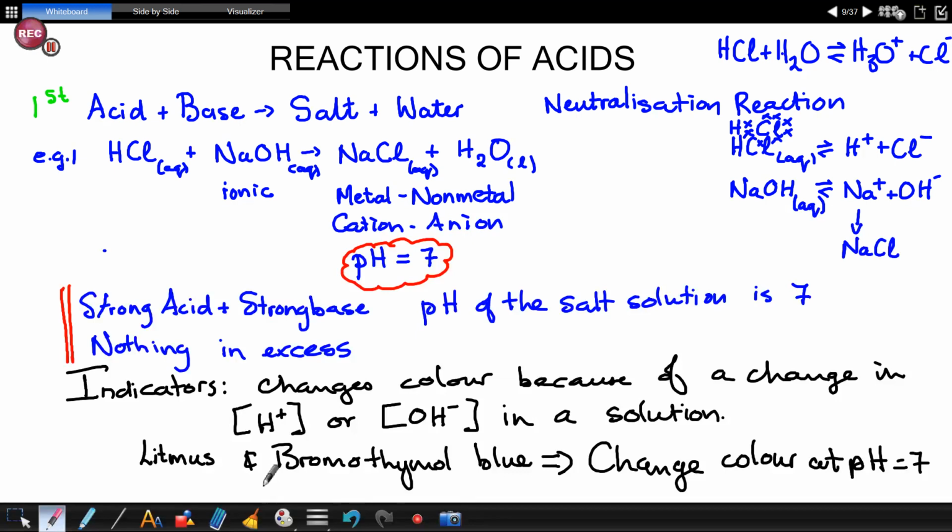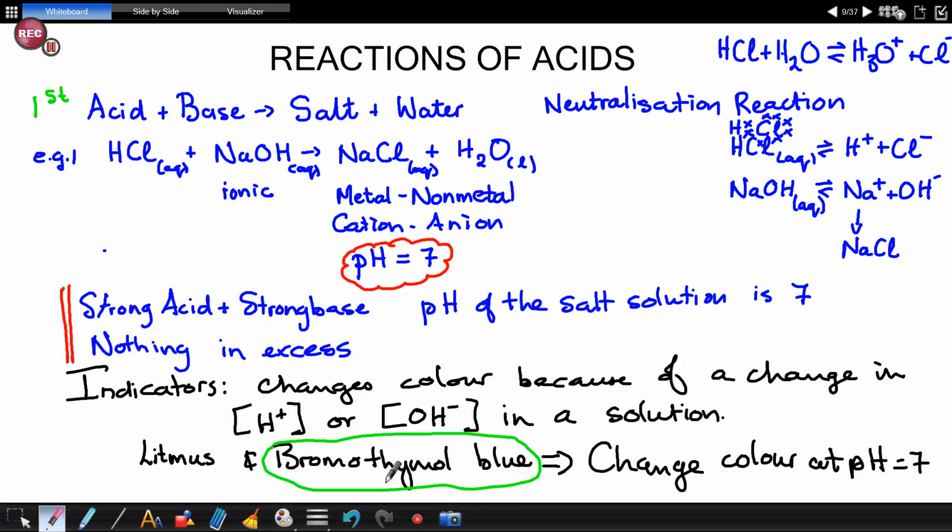It is much quicker to use litmus paper than litmus solution. So your more practical one to use is bromothymol blue, when you have to do a titration.